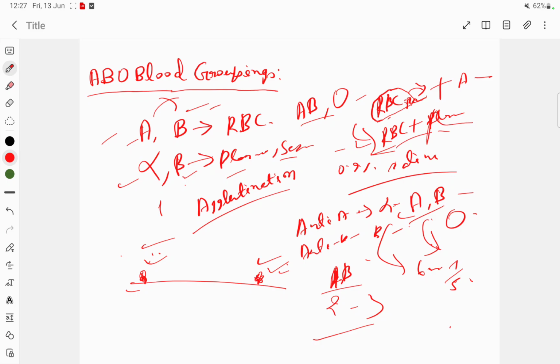This will increase the bilirubin concentration in the body, because hemoglobin is converted to bilirubin and biliverdin, and when the level reaches 2 mg per ml, jaundice occurs.